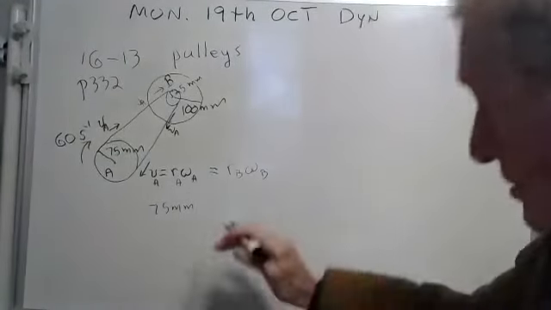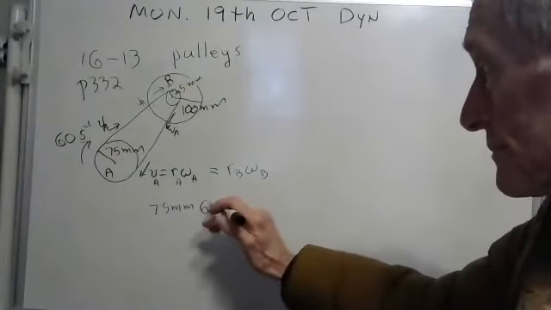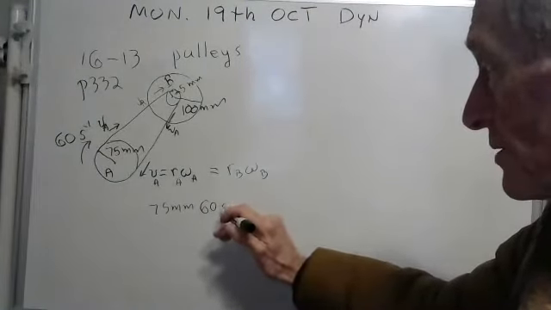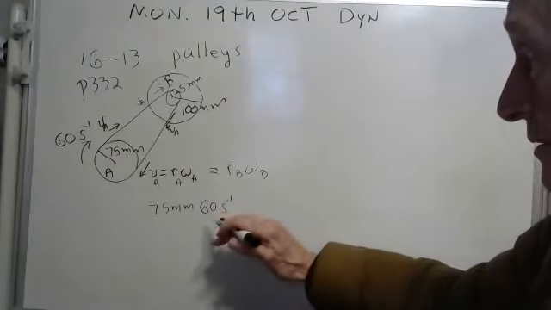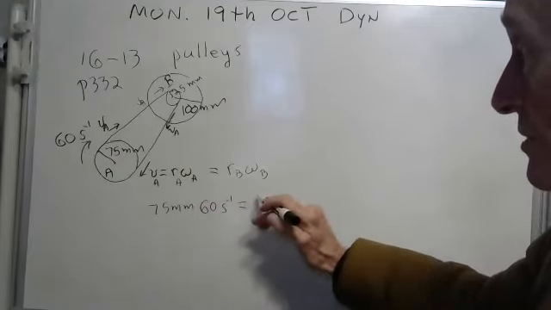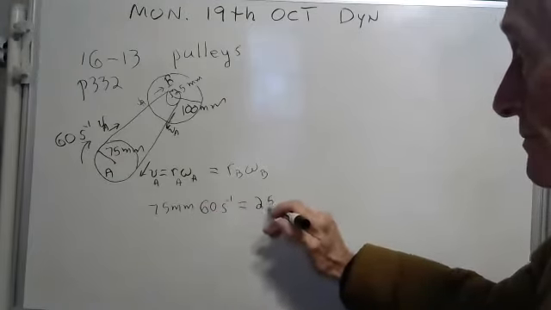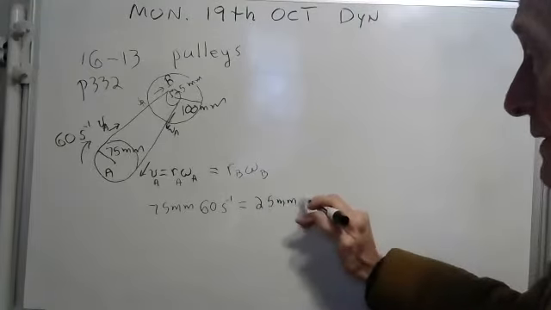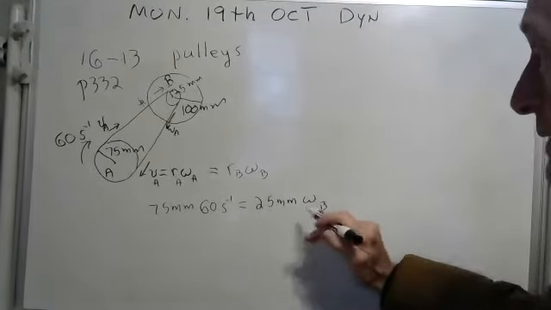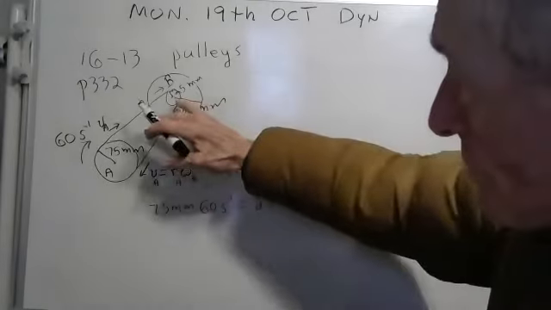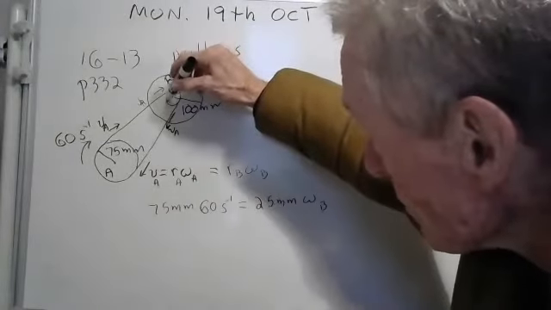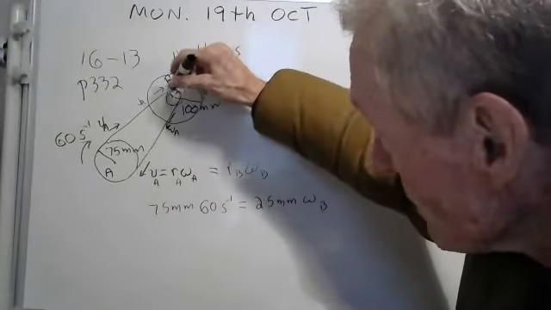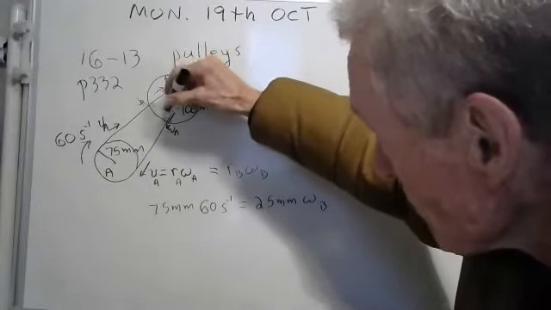Did they tell you what this omega is? Yeah, they give it to you. It's 60 radians per second. That's nothings per second. And this one is 25. Oh, looky here. We can get the angular velocity of this pulley. Do you understand this little pulley here has been welded on? It's fixed to the big pulley here.